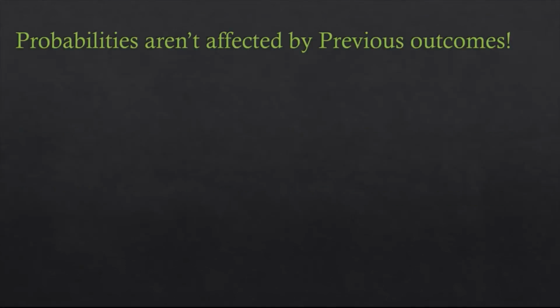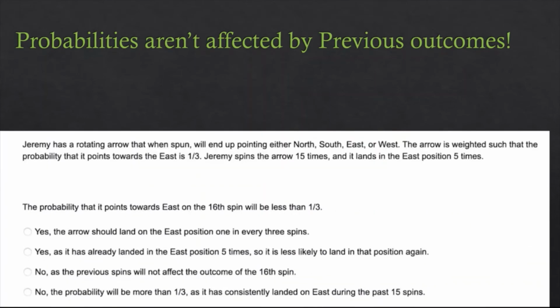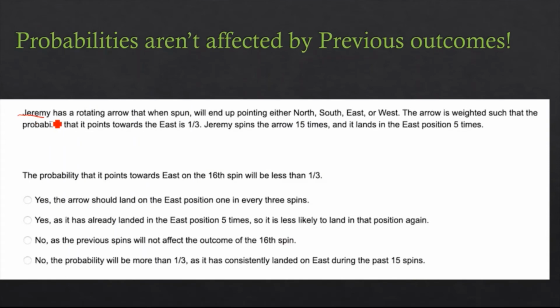Okay, so another key tip that you should have in mind is that probabilities aren't affected by previous outcomes. So in this example, we've been told that Jeremy has a rotating arrow, which when spun will end up pointing in the north, south, east or west direction. And the arrow is weighted such that the probability that it points towards the east is 1/3.